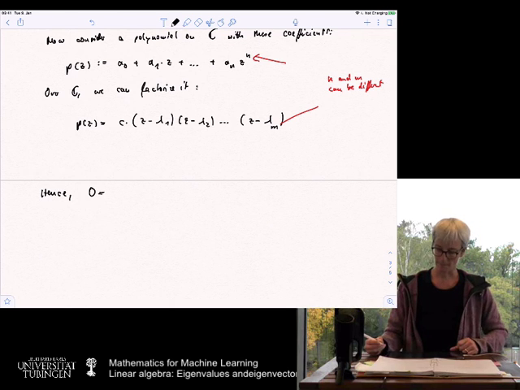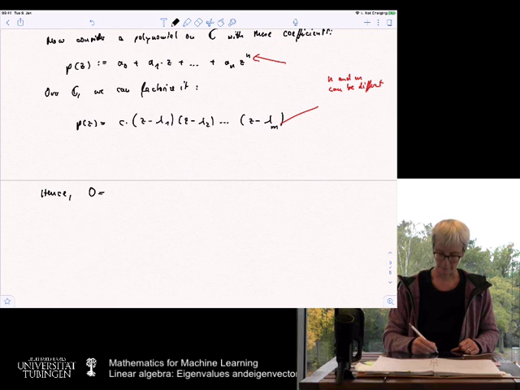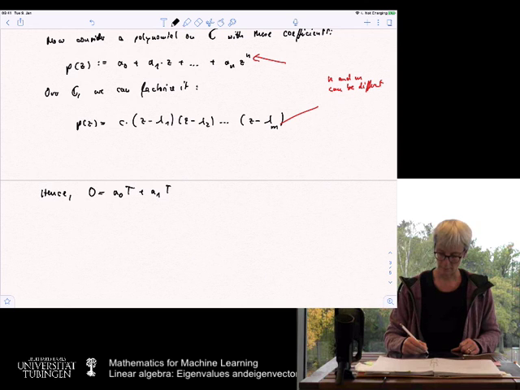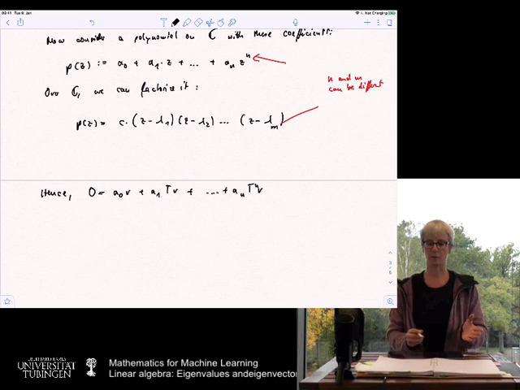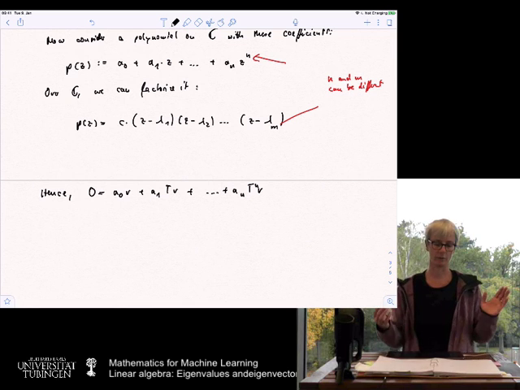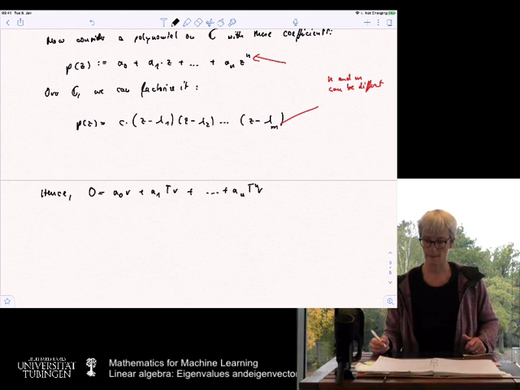We know 0 is, by definition of our coefficients, a0 times v plus a1 T times v, and so on until an T to the power of n v. We know this is 0. This is by the definition of these coefficients.